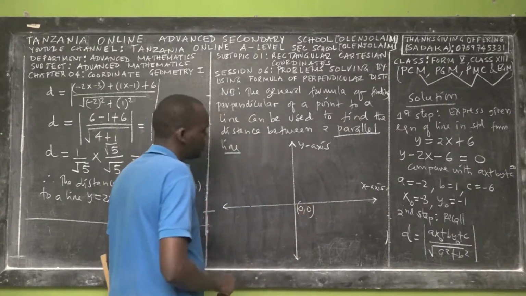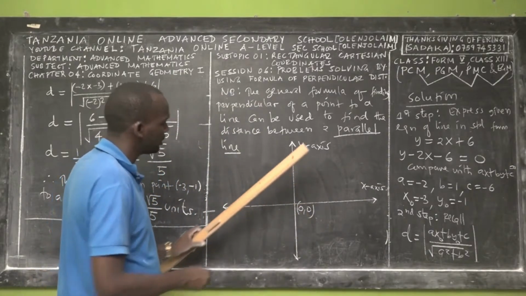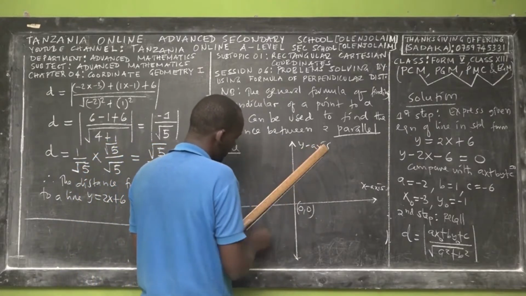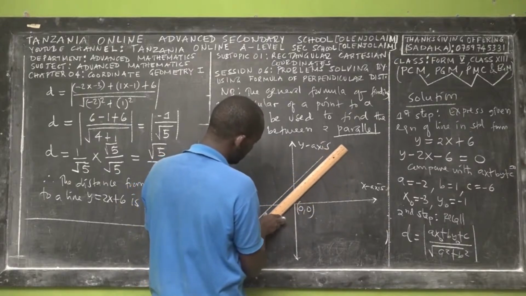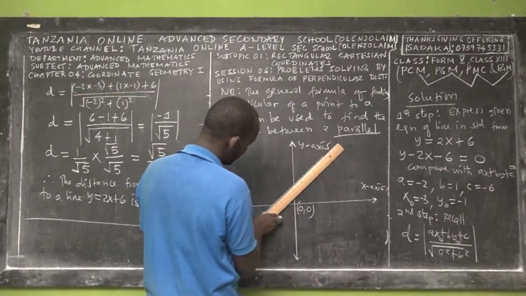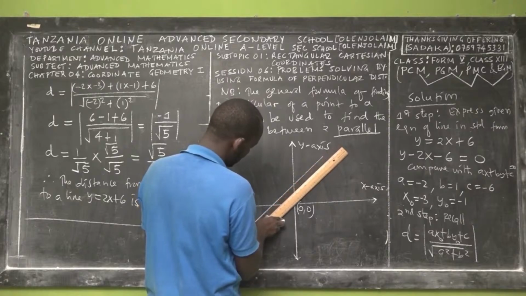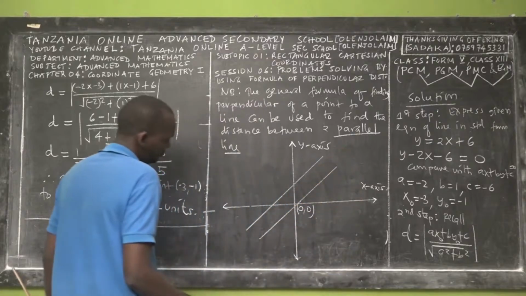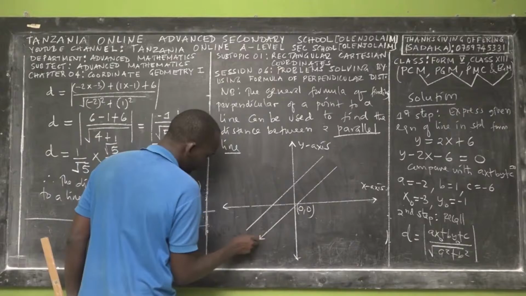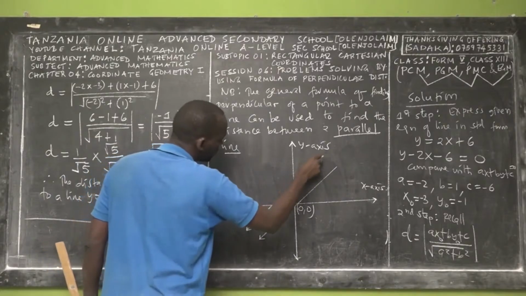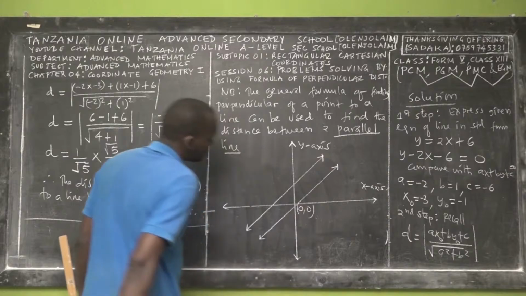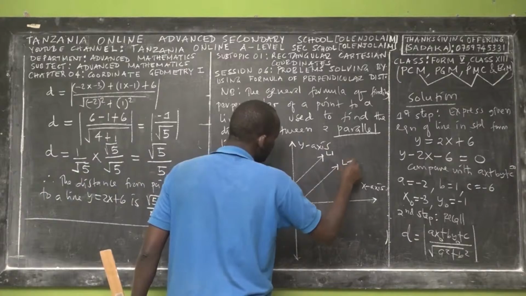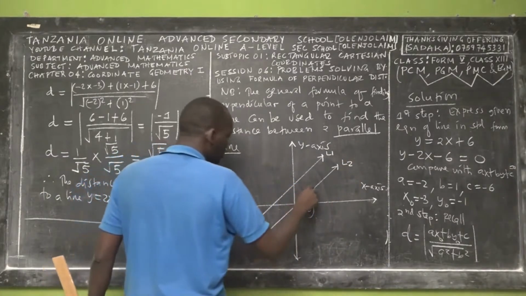Suppose that we've been given two parallel lines. First line, then suppose that we have another parallel line. So you have two parallel lines. This is line 1. This is line 2.